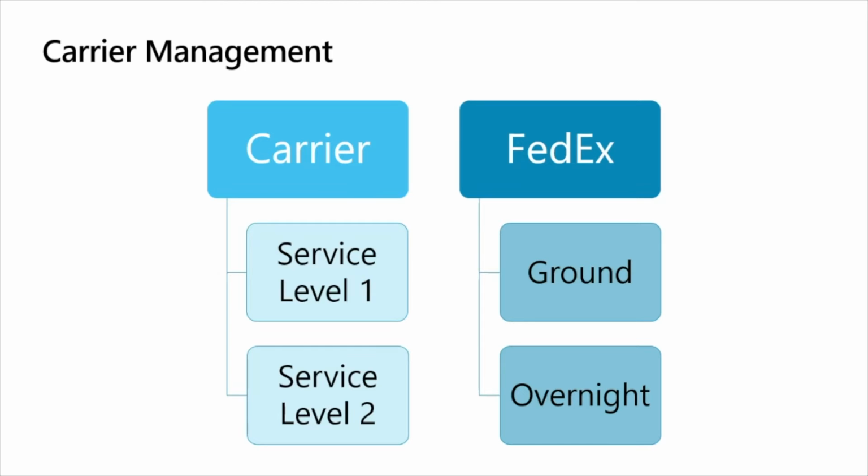So this is FedEx is our carrier or our parent, and then the children underneath are our service levels, and that might be ground shipping, or maybe we also use an overnight shipping service with FedEx. This also would apply to like LTL or TL carriers that you have contracted as well. So those would be set up in the same manner.